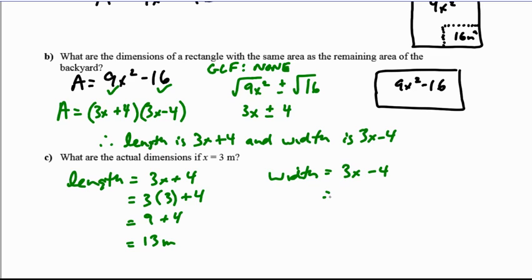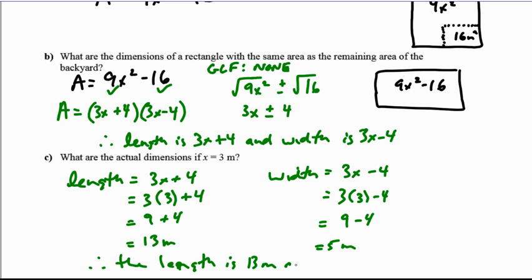Then 3 times 3 minus 4 is 9 minus 4, which is 5 meters. Very good. So therefore, the length is 13 meters and the width is 5 meters.